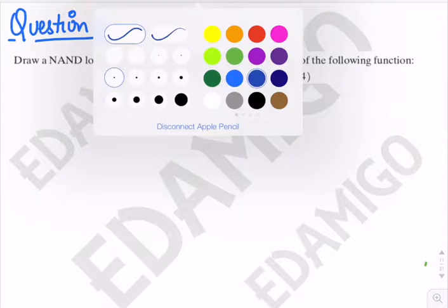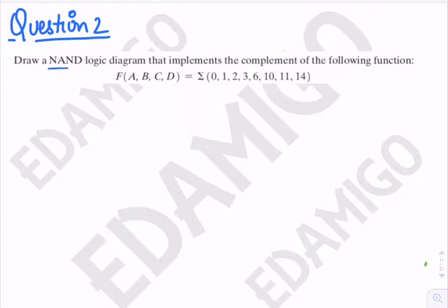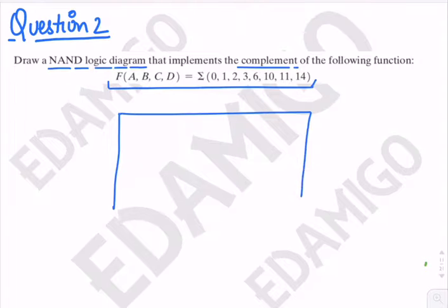Now this is the question. We have to draw the NAND logic of this function's complement. Okay, so first of all let's find out the function.